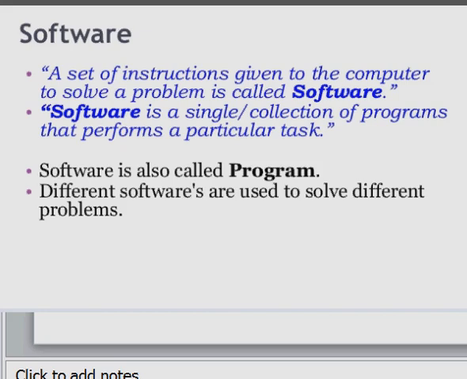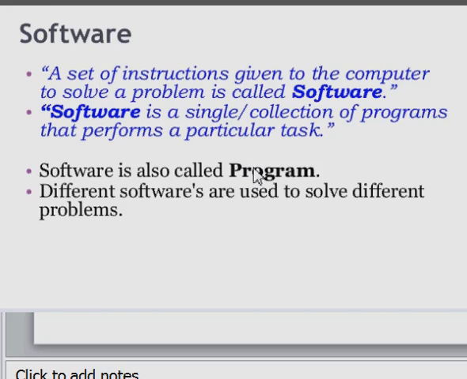We write code for doing some task, to perform some specific task. That's why the definition of software is a set of instructions given to the computer to solve a problem. We are saying those sets of instructions are a software.